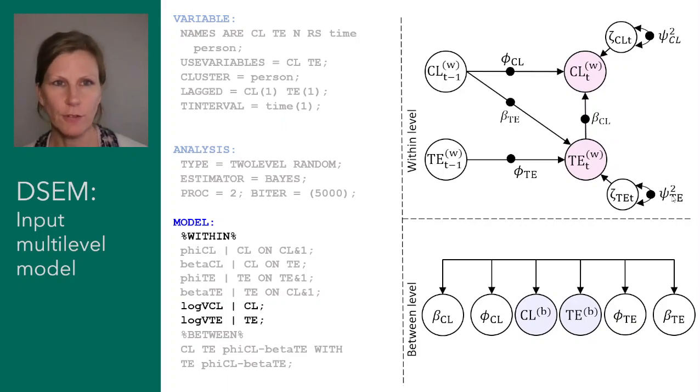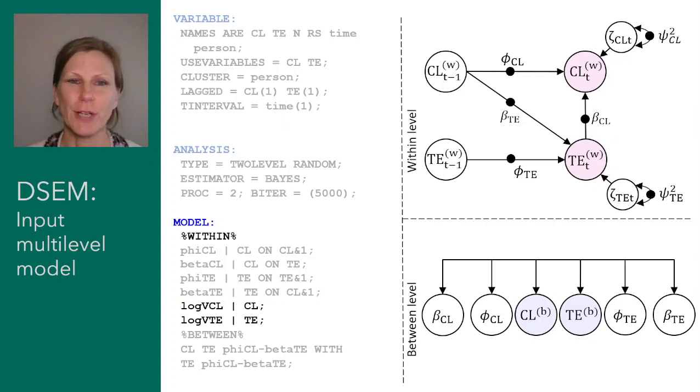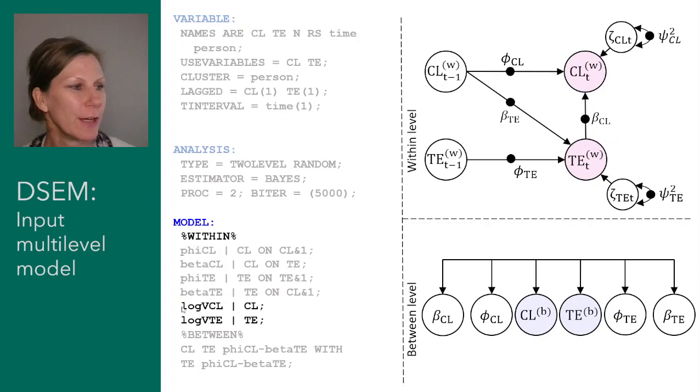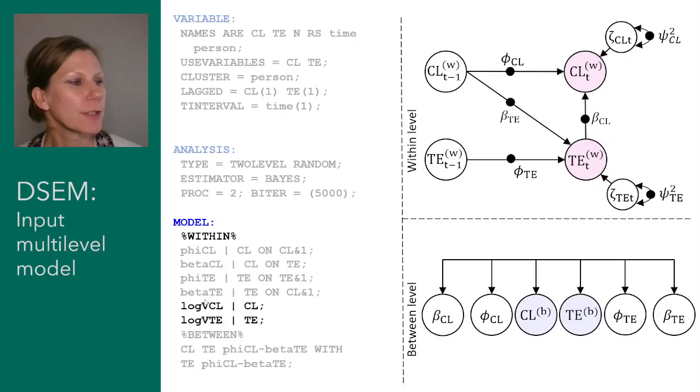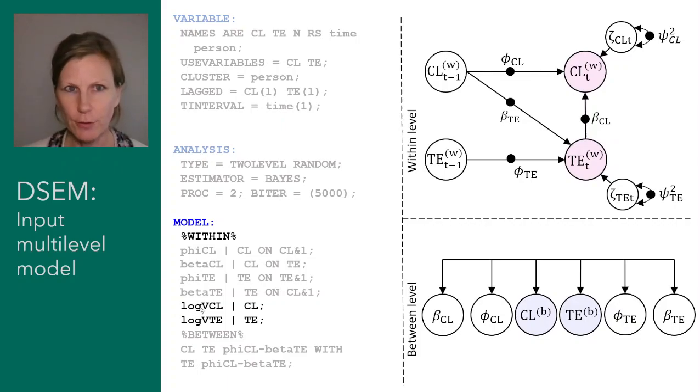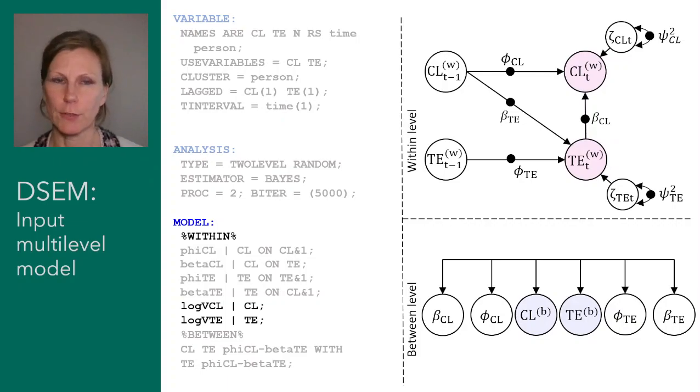Now the tricky thing that you have to figure out here is how to name these. I'm using, as you can see, log VCL and log VTE. You could also just call them Peter and Jane if you want, or something else. The reason I'm referring to it as log is because at the between level, the log will be taken of these quantities.